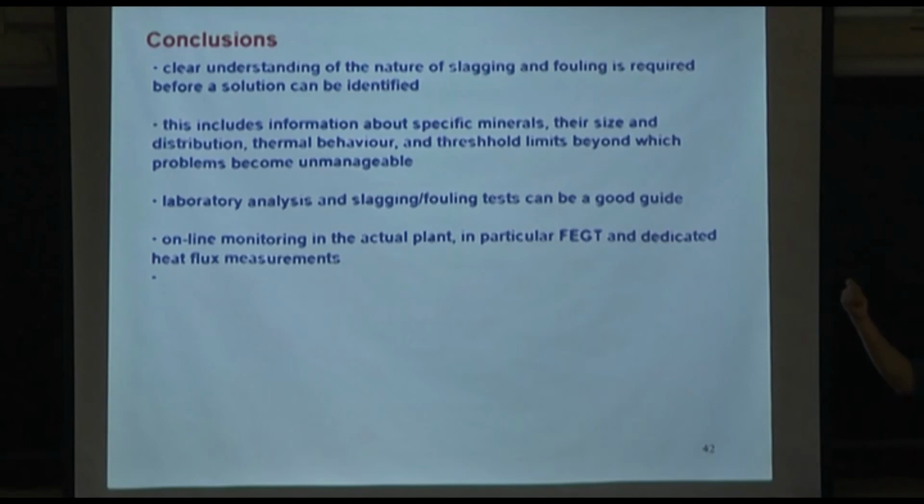In fact, I haven't spoken about this: with 3.5% sulfur containing coal, we actually had to use dolomite for sulfur capture. The dolomite also helped in alleviating agglomeration.